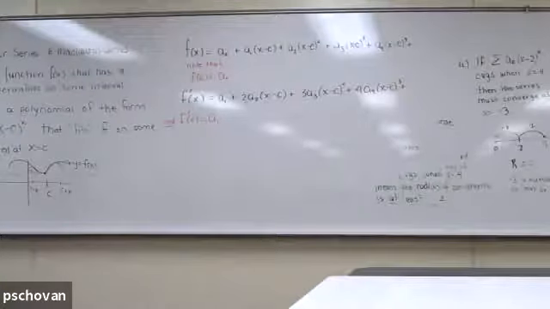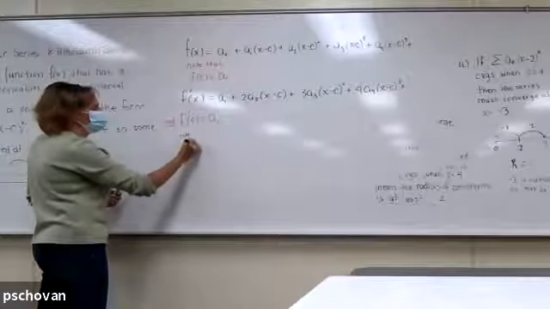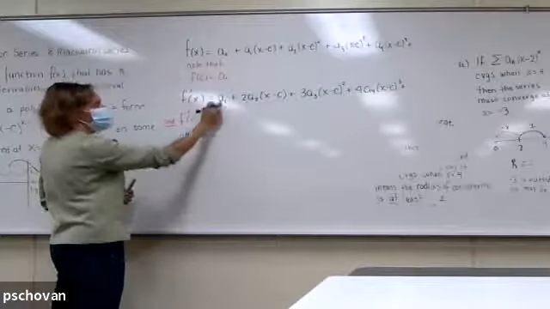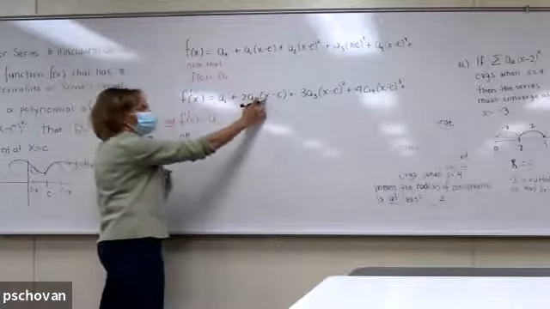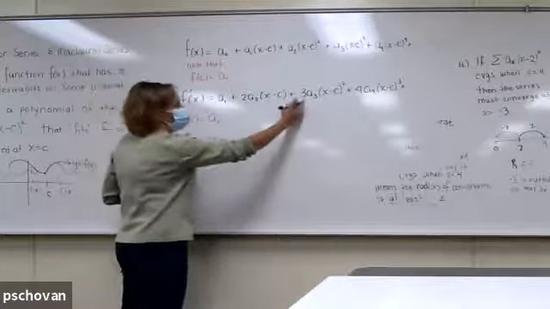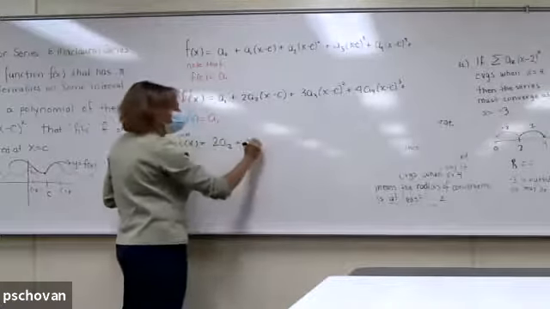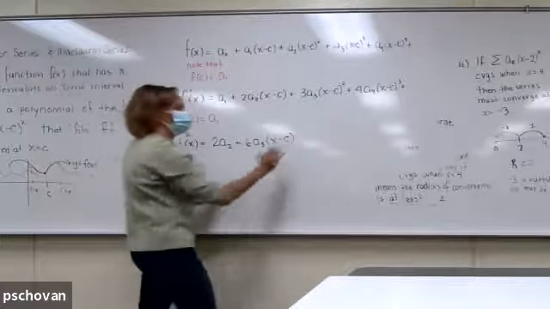Now I'm going to take a second derivative. This constant term has a derivative of 0. That has a derivative of 1, so it leaves me 2 times a2. This becomes 6 times a3 times (x minus c) to the first power.